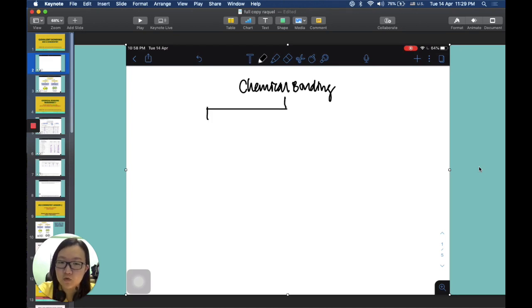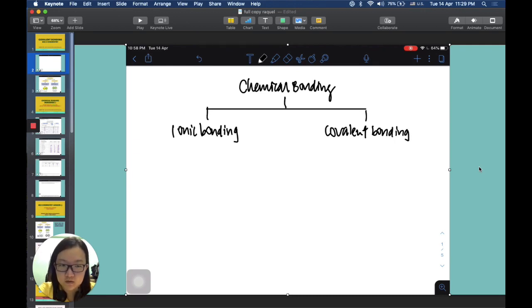The first type is ionic bonding, which we have spent a significant amount of time talking about. By now we should all be very confident with ionic bonding. If you are still confused, you really need to go and revise. The other one, which we will talk about today, is covalent bonding.